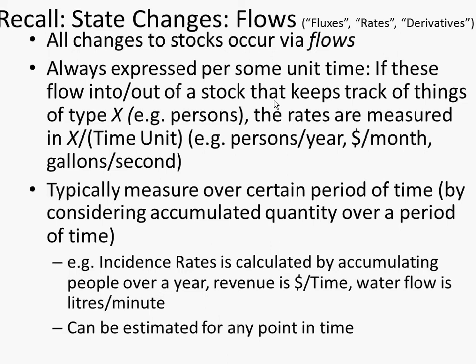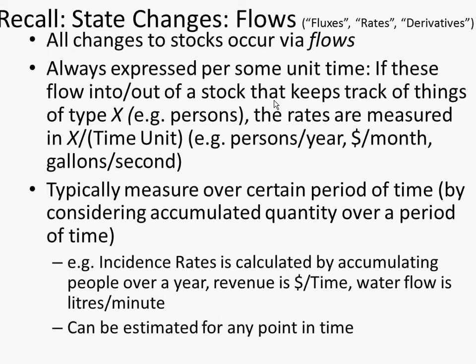And we noted that flows are always expressed in some number of units per unit time. Okay? So it's a rate. It's like people per day, or people per month, or cars per second passing on a street, what have you. And we noted that traditionally with flows, it's hard to measure at an instant in time. It has some value, but it's hard to measure it.